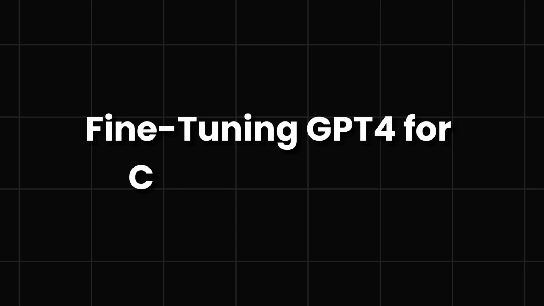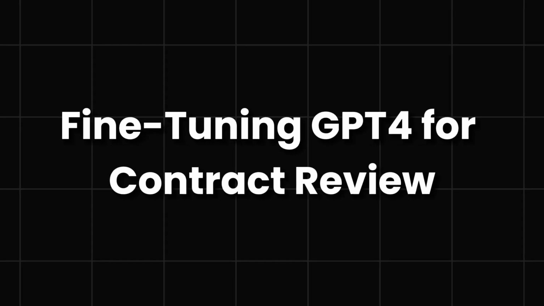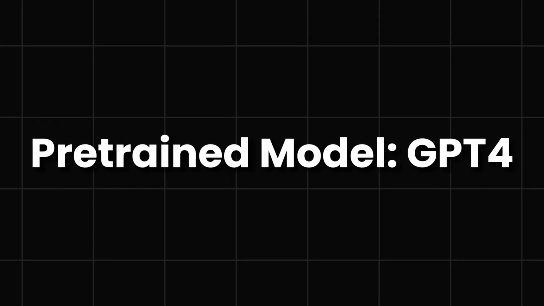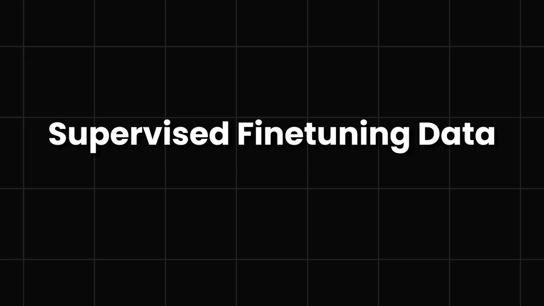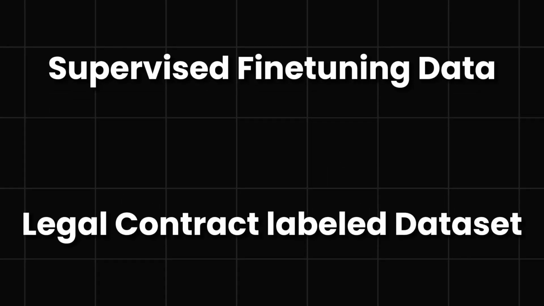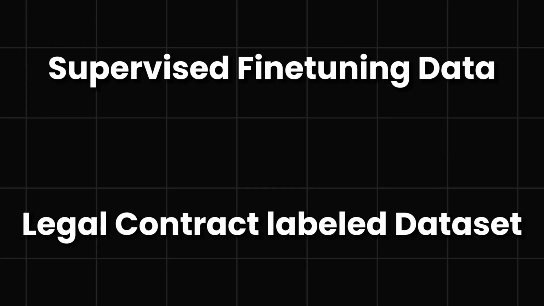So for example, you can fine-tune GPT-4 for contract review. You get the pre-trained model, which is GPT-4, initially trained on a vast range of general text data. And now we take this supervised fine-tuning dataset, a labeled dataset containing legal contracts with annotations, including the clauses flagged for risk, obligations, and missing terms.